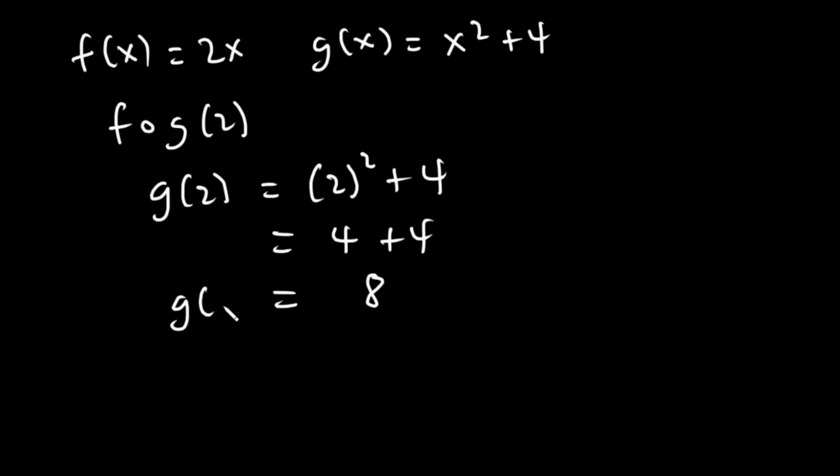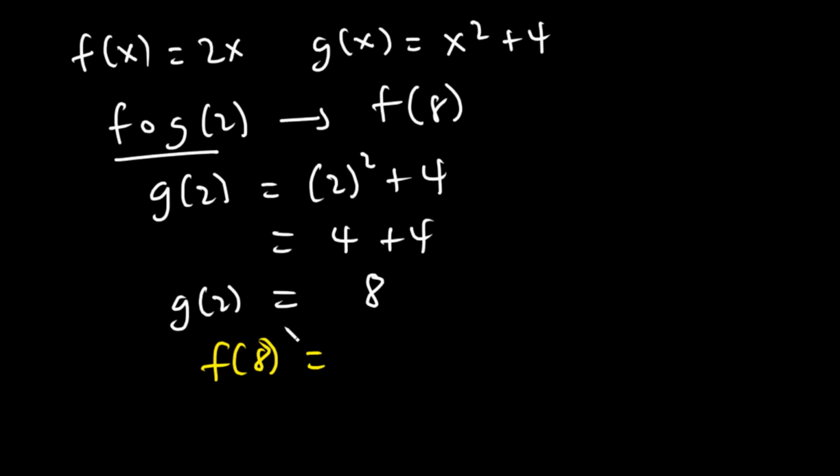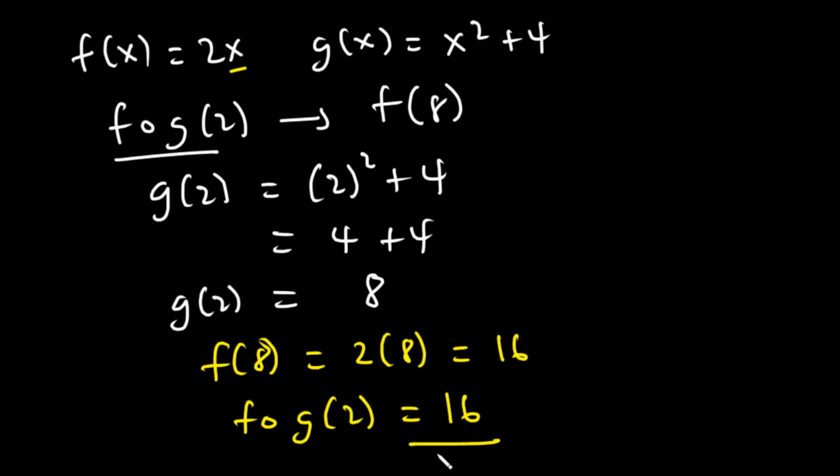So g of 2 is equal to 8. So now this has been reduced to f of 8. So to find f of 8, we simply need to replace x with 8. So f of 8 is going to be 2 into bracket 8, and then 2 times 8 is 16. So f of g of 2 is equal to 16.